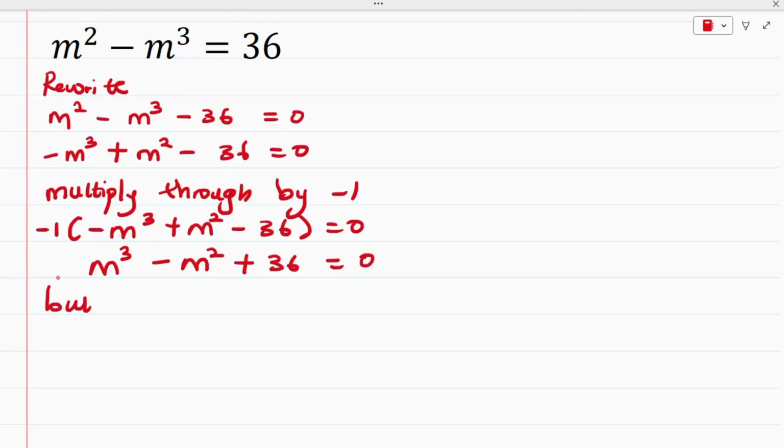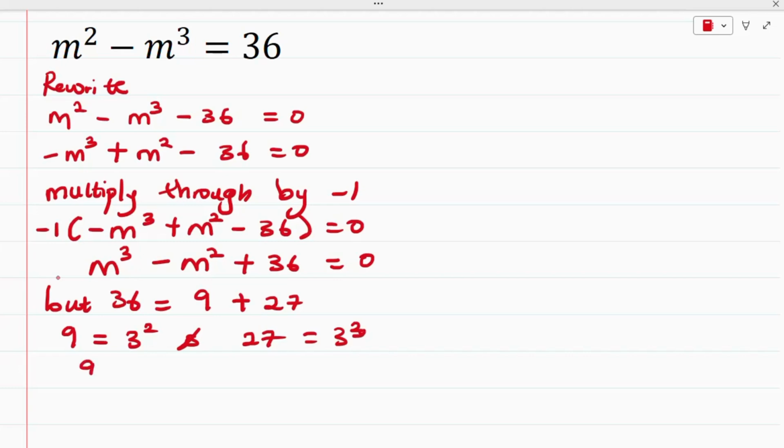But we can easily express 36 to be 9 plus 27, and 9 plus 27 can be expressed in terms of 3. That is, 9 can be expressed as 3 squared, and 27 can be expressed to be 3 cubed. So this is going to become 9 plus 27 is the same thing as 3 squared plus 3 raised to the power of 3.